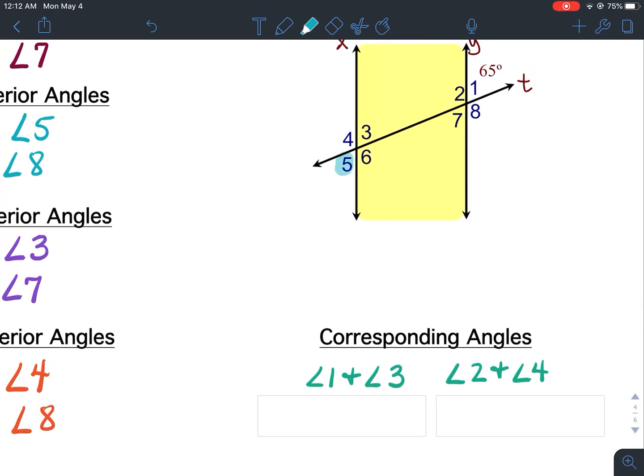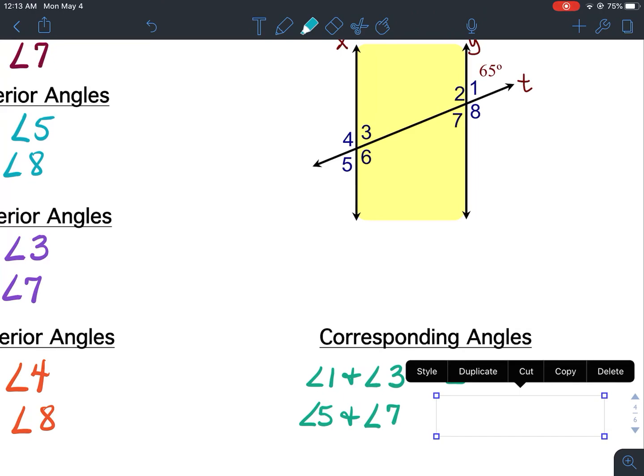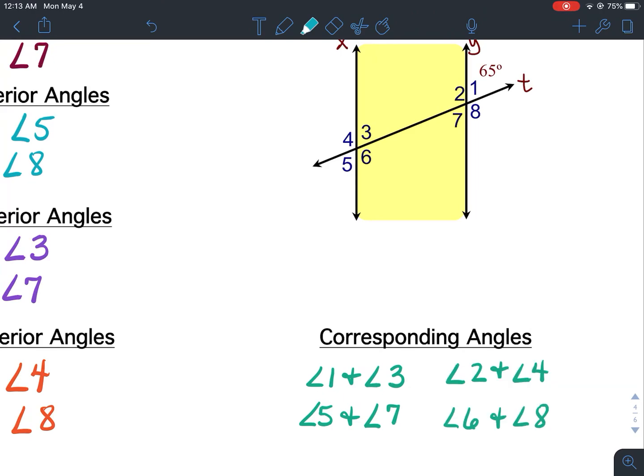Angle 5 is the bottom left. Up here, what's bottom left? That would be angle 7. So 5 and 7 are corresponding angles. Angle 6 is the bottom right. Up here, what's the bottom right? That would be angle 8. So angles 6 and 8 are corresponding angles.